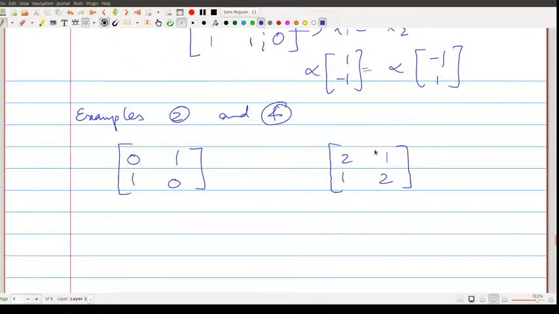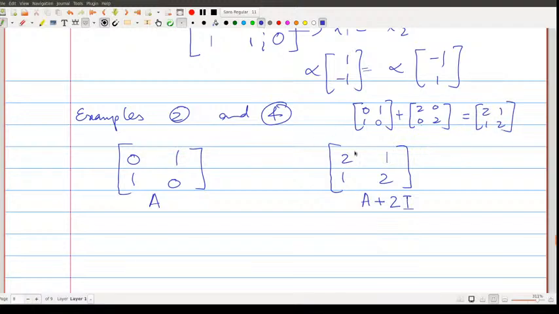So this matrix is very closely related to this matrix. If this matrix is A, I can write this matrix as A plus 2 times the identity matrix, right? So I've just added 2 on the diagonal. I can even show you: 0, 1, 1, 0 plus 2 times the identity matrix, which is 2, 0, 0, 2. If you add these matrices together, you get 2, 1, 1, 2.